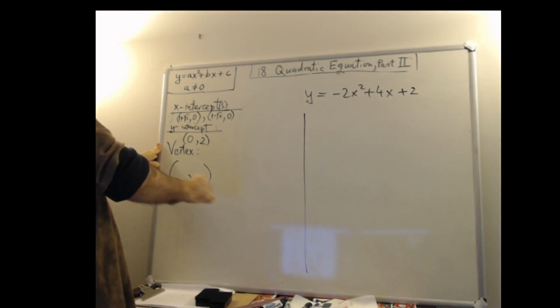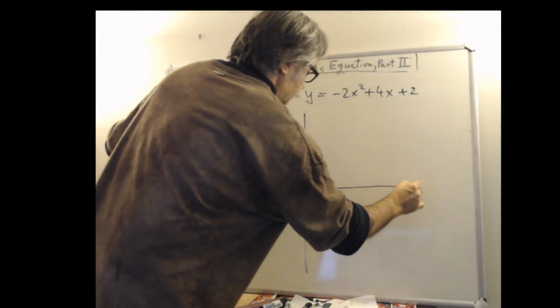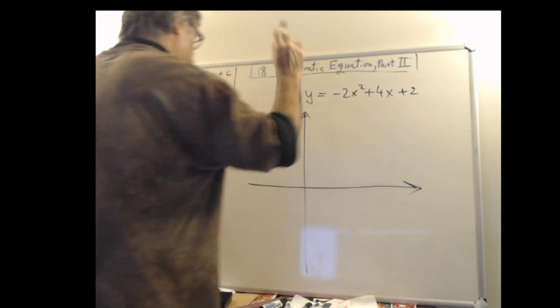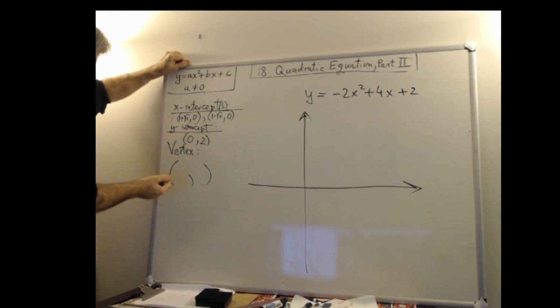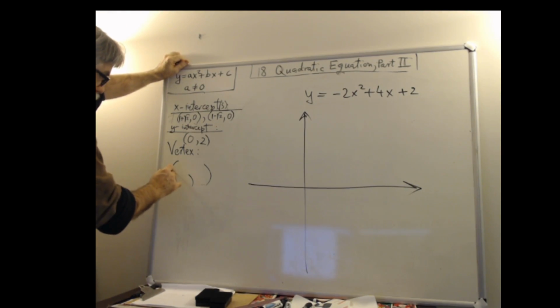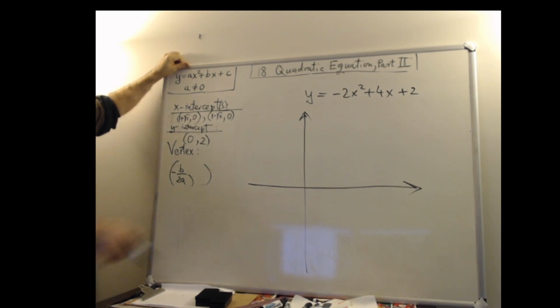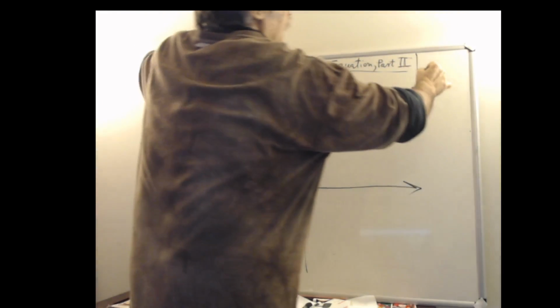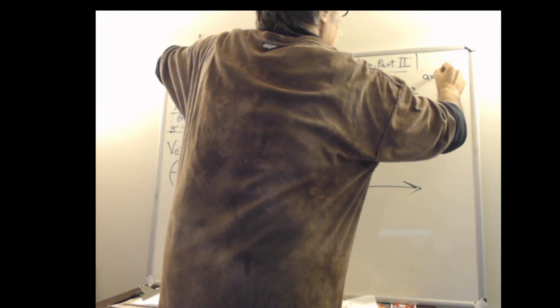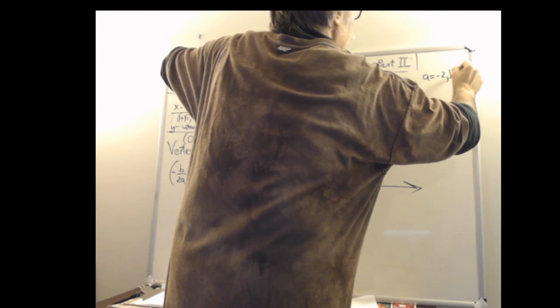Oh, I don't have a vertex yet. All right. We'll do that. So the vertex, the first part is negative b over 2a. Okay? What do we have here? You have a equal negative 2 and b equal 4.